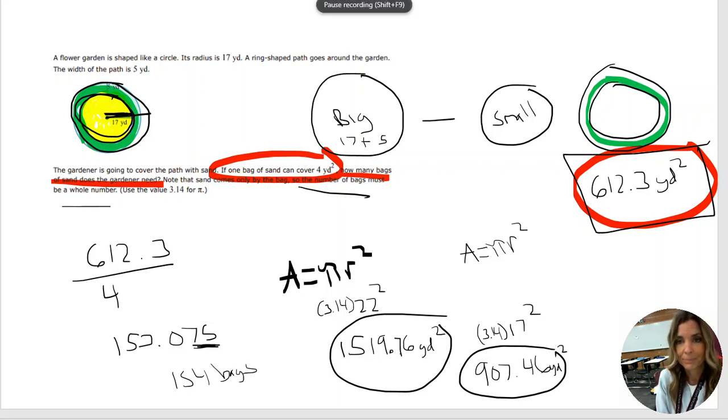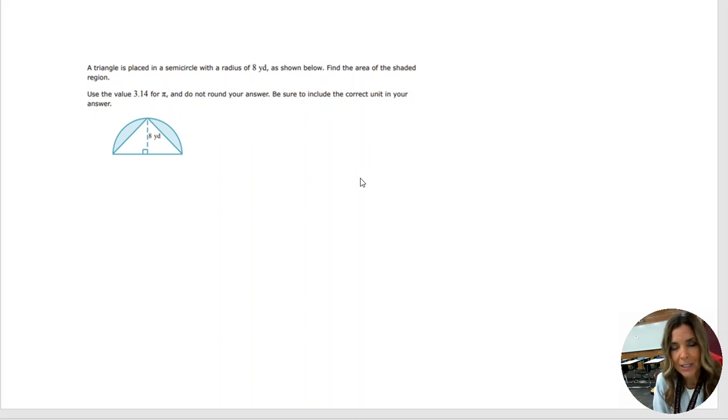Okay. Now for the last question, it says a triangle is placed in a semicircle with a radius of 8. Find the area of the shaded region. Okay, so we have a semicircle, which is half of a circle.